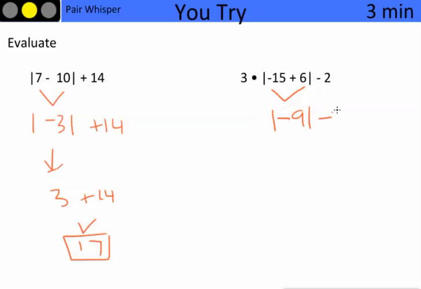Bring down our absolute value symbol and everything else. The absolute value of negative 9 is 9. Bring down everything else. Multiplying comes before subtraction, so 3 times 9 is 27. Bring down everything else. And then 27 minus 2 is 25.